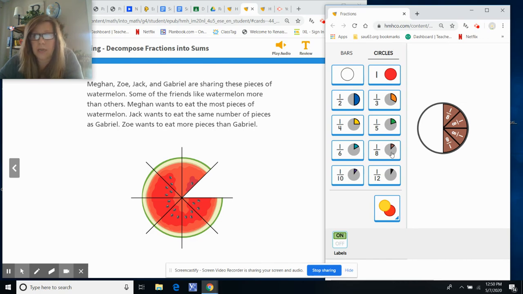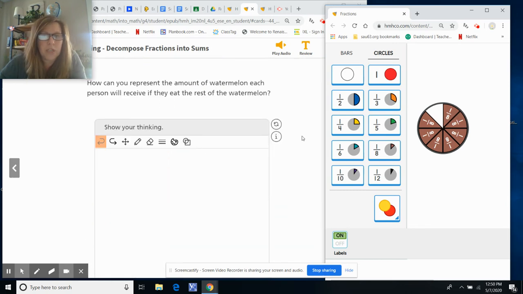So let's put our 3 in: 1, 2, 3. If these 3/8 represent what Megan ate, is she eating the most? Yep. Is there a total here of 7/8? 1, 2, 3, 4, 5, 6, 7. Yep. So we have the amounts that each one has eaten. That's just your visual there. I just wanted to show it to you.